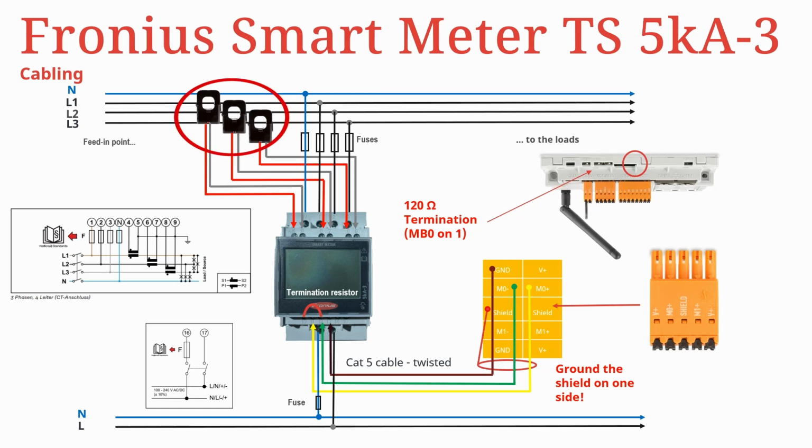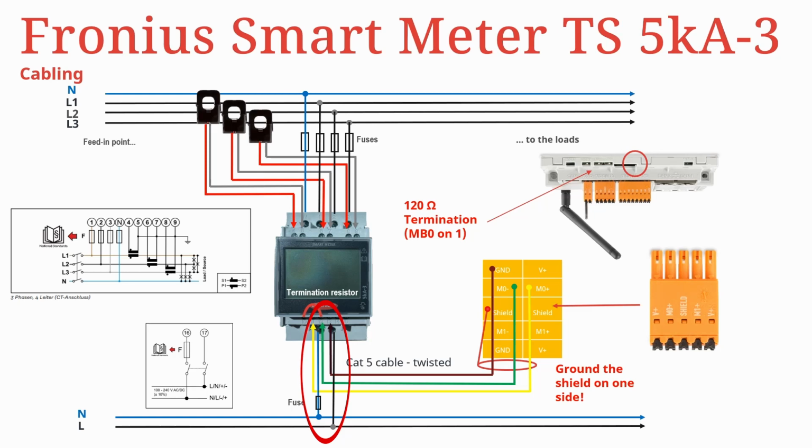Then come the pins for each phase again for one current transformer each. And the current transformers in this case are connected to the pins 4 and 5, 6 and 7, 8 and 9.